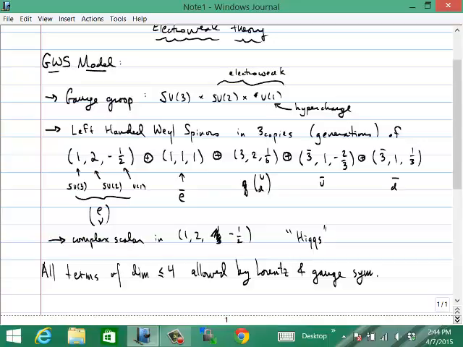But I'm not going to explain too much in this class of, for example, where these various numbers come from. So why is it that we happen to have fields transforming in these representations as opposed to other representations?